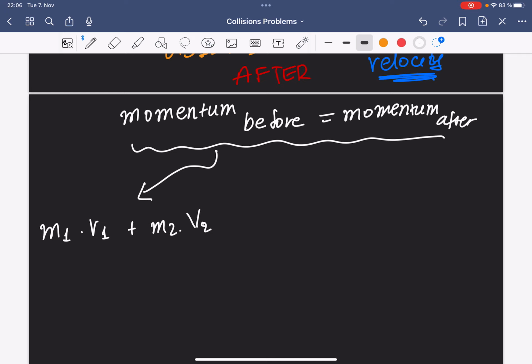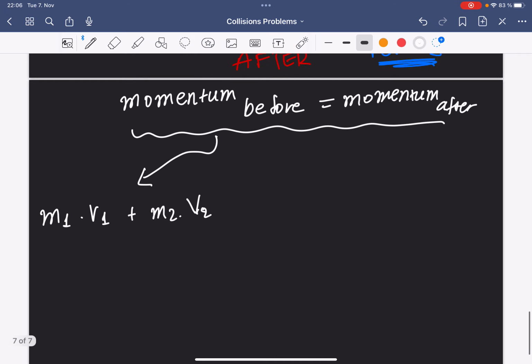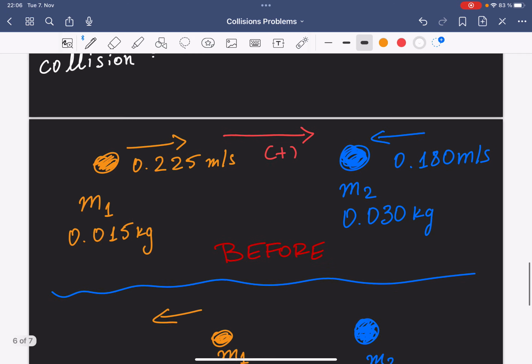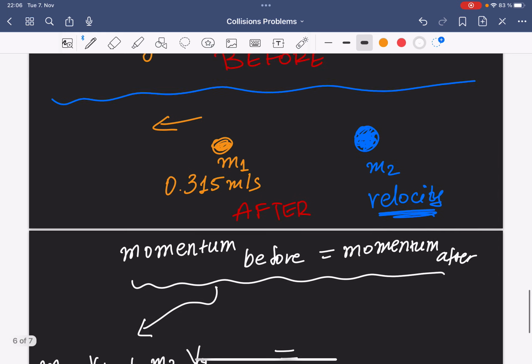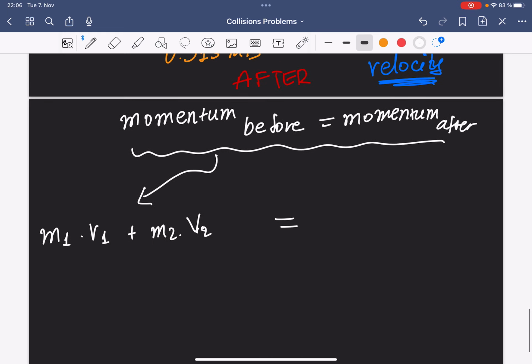And I say plus because I haven't introduced yet values, nor have I introduced direction. So V1 and V2 refer to the velocity. Now, after the collision, you're going to have M1 V1 final plus M2 V2 final.